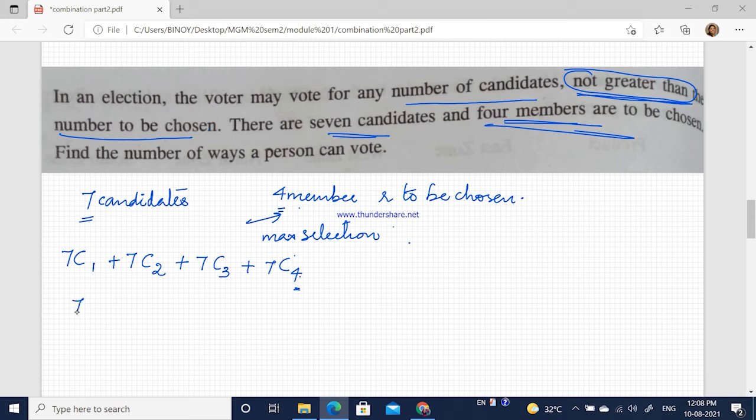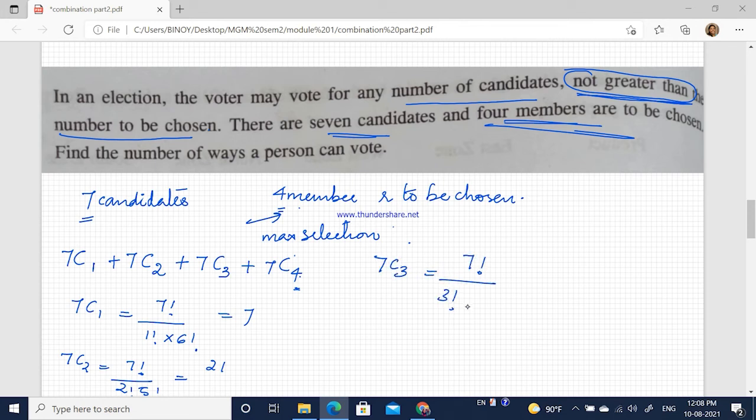So let's see what 7C1 is. 7C1 is nothing but 7 factorial by 1 factorial into 6 factorial. That gives you an answer 7. And 7C2 is 7 factorial by 2 factorial into 5 factorial. That will give you an answer 21. And 7C3 is nothing but 7 factorial by 3 factorial into 4 factorial.